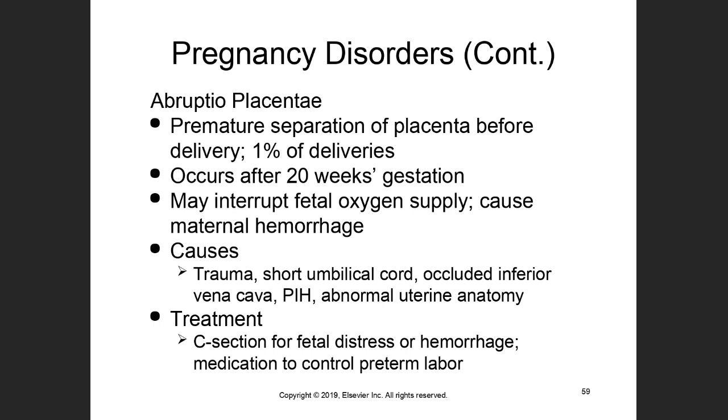So, painless bleeding, placenta previa. Painful bleeding, abruptio placentae. It could be trauma or a short umbilical cord. One of the most common causes is also drug abuse, especially cocaine.